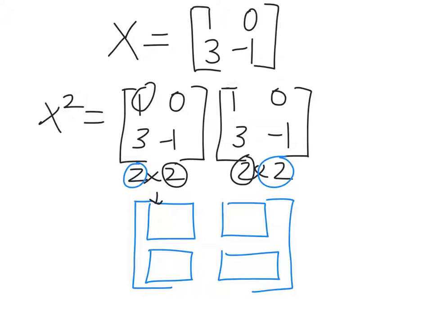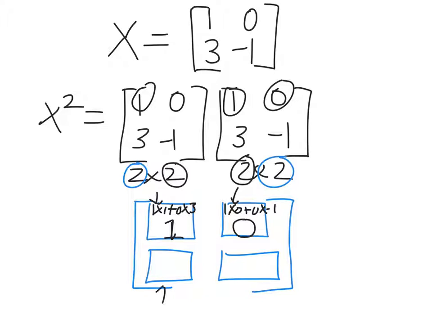So 1 times 1 plus 0 times 3, of course, just gives you 1. The entry here is row 1 of the first matrix by column 2 of the second matrix, across by down. So the way we get that, 1 times 0 plus 0 times minus 1, which is just 0.